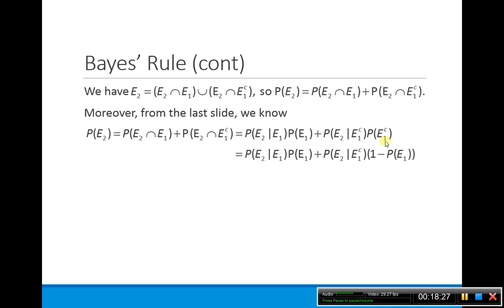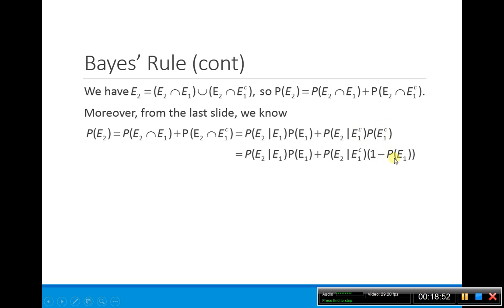So from the last slide, remember we knew something about this intersection. This first one we can write as the probability of E2 given E1 times the probability of E1. This one we can write as the probability of E2 given E1 complement times the probability of E1 complement. That's what we derived on the last slide. What's the probability of E1 complement? Remember we derived that earlier.